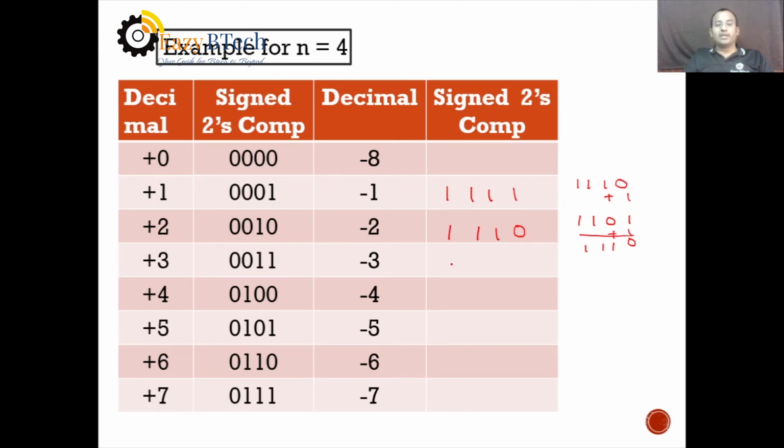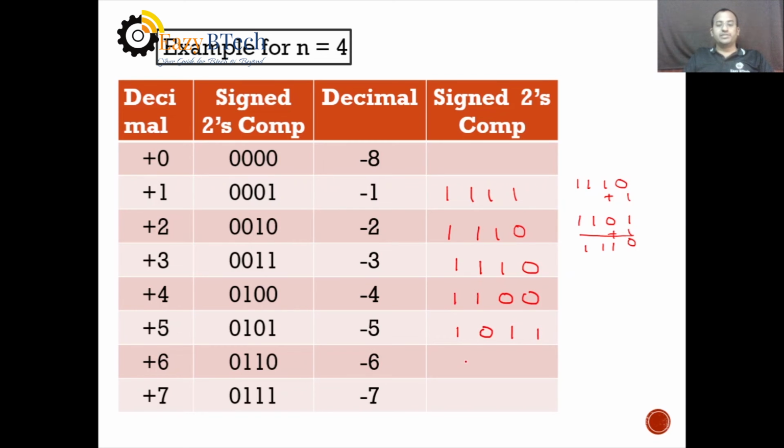I will straight away write the two's complement, you can cross check in this way also. It is 1 1 0 1, and minus 4 is 1 1 0 0, whereas minus 5 is represented as 1 0 1 1.